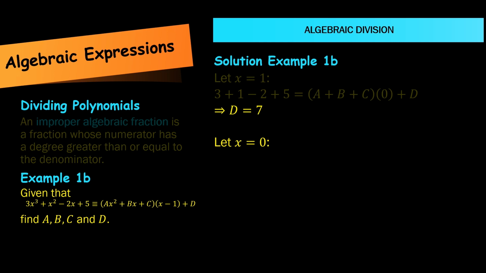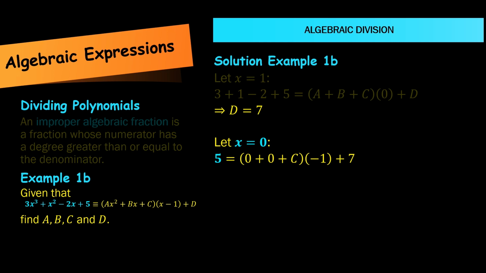Now we let x equal 0 in order to help us find one of the other constants. So let's plug this in. On the left-hand side, when we plug in x equal to 0, we have 5.